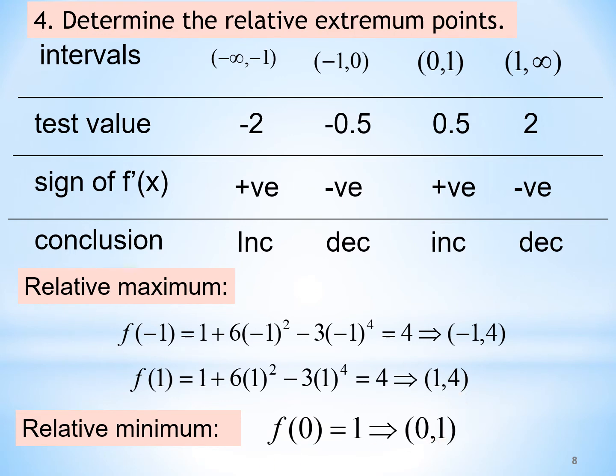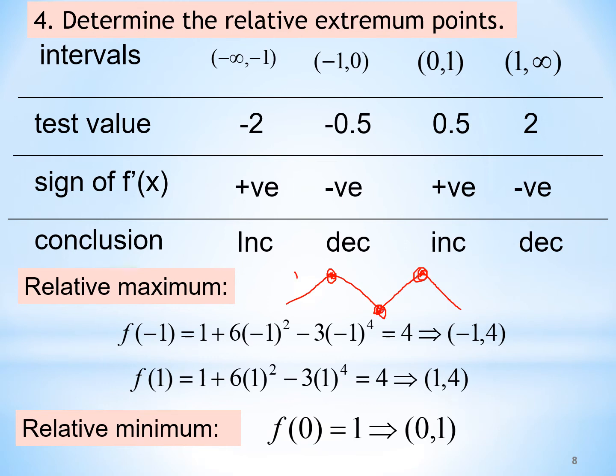This is because here when you have increase, it's like this, increase, and then when you have here decrease, and again this is increase, and it's decrease. Okay, so this part over here will be your relative maximum. Also this one, relative maximum. And this part over here will be your relative minimum.